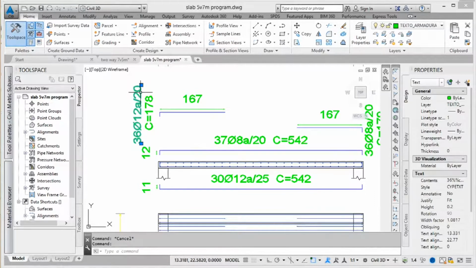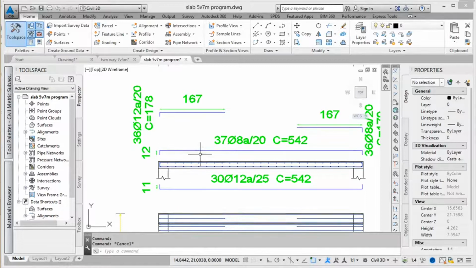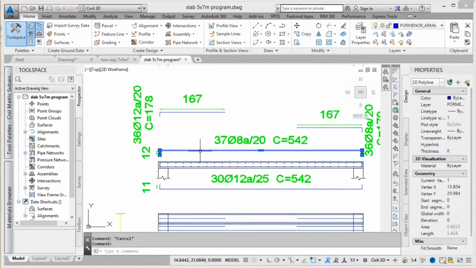It's 12 spaced by 20, and in our calculation it was 12 spaced by 15, but it was able to increase this because it has added this on the top of 8 spaced by 20.